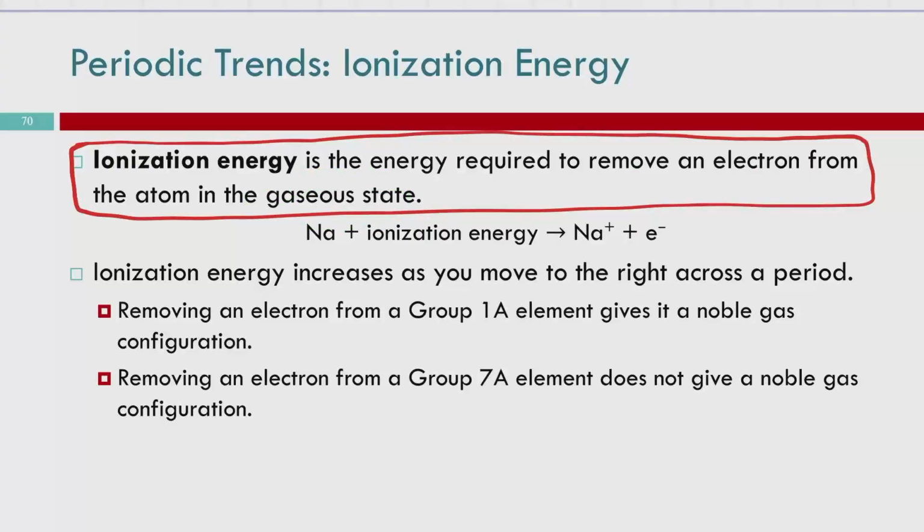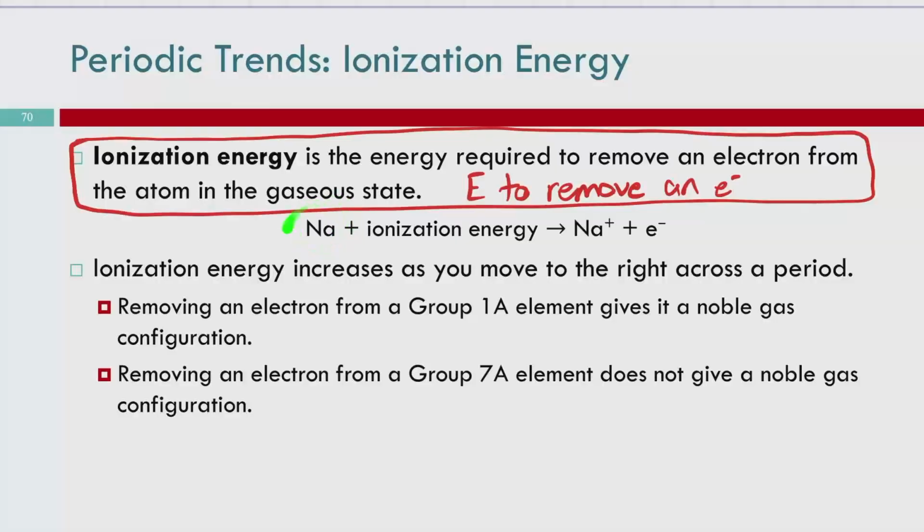You can think of it mostly as the energy required to remove an electron, to make an ion. The gaseous state part is important technically, but for our understanding, not really that important for remembering the trend.